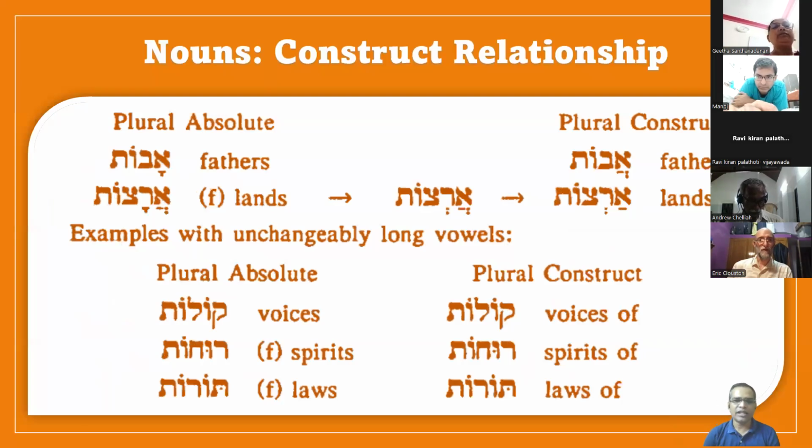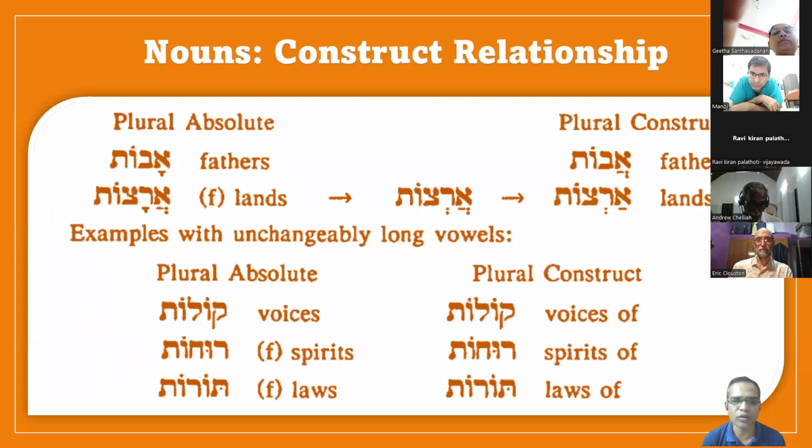So avot has become avot. There is a purpose for this vocalization also. What is the purpose of vocalization here? Avot is the plural form meaning fathers, from av. When it is placed in the construct state, the initial consonant is becoming an accented Patah.